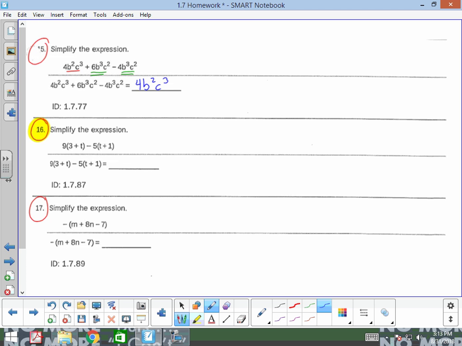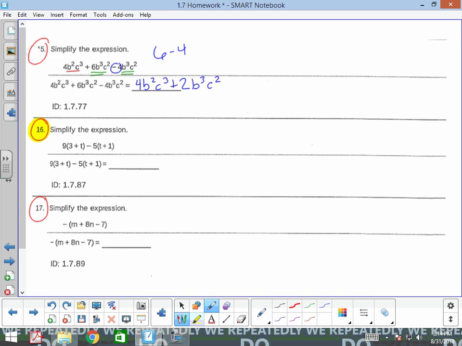But there are two terms that have b to the third c squared. So we're going to subtract the 6 and the 4, and that's going to be positive 2. Keep those variables exactly the way they are. Don't change the exponents, don't change the order, don't change the letters. So this answer is 4b squared c to the third plus 2b cubed c squared.